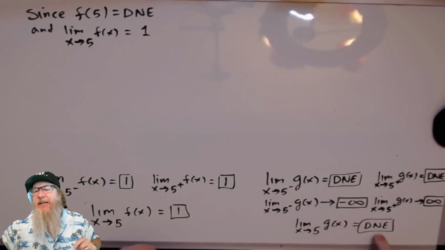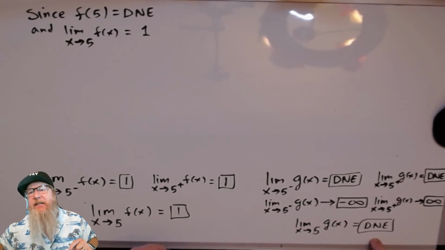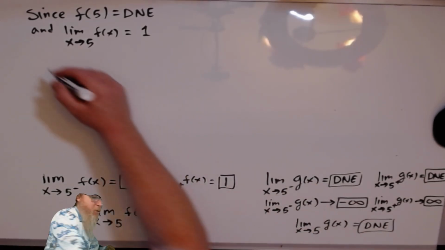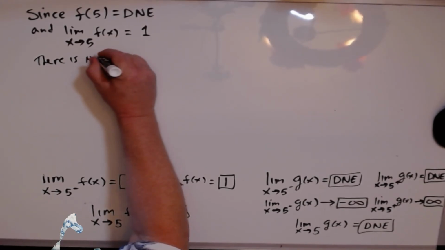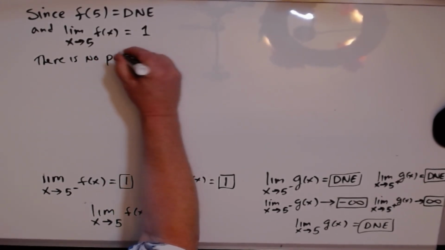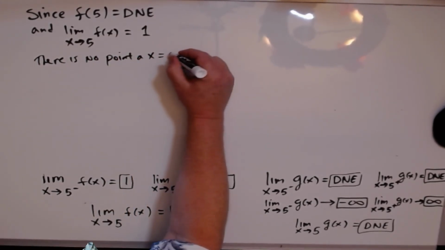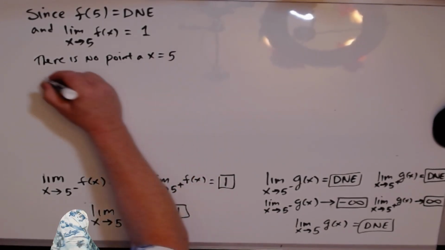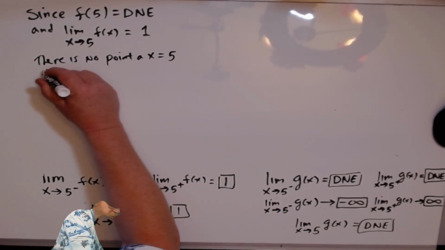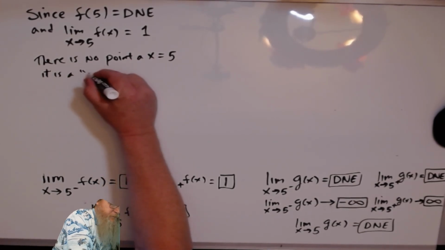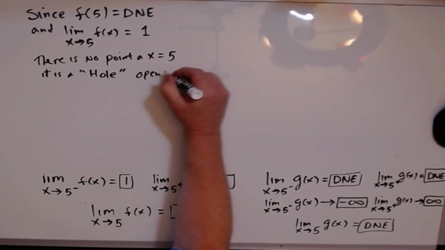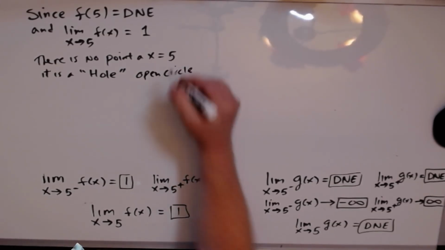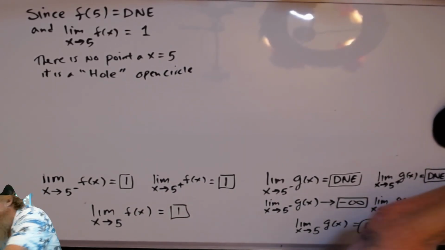However, when it doesn't exist, I want to say DNE, does not exist. There is no point at x equals 5. Instead, it's a hole, or an open circle. That's the notation that we use for a hole.